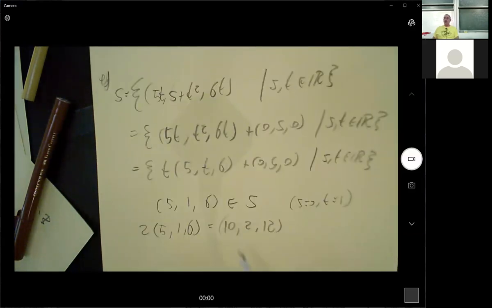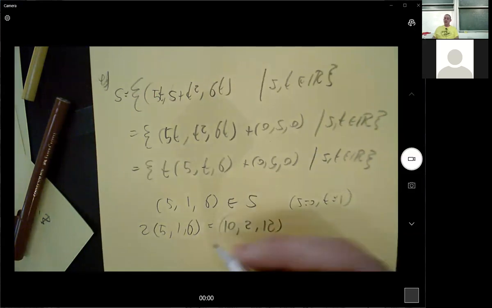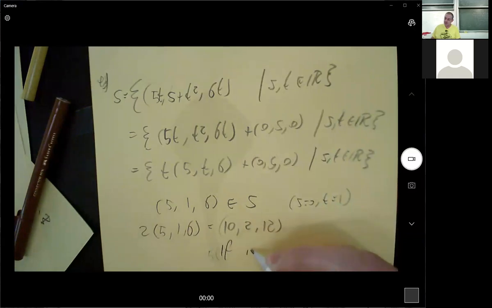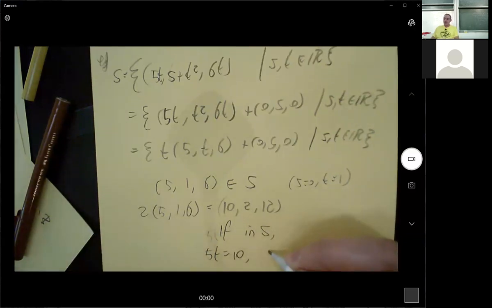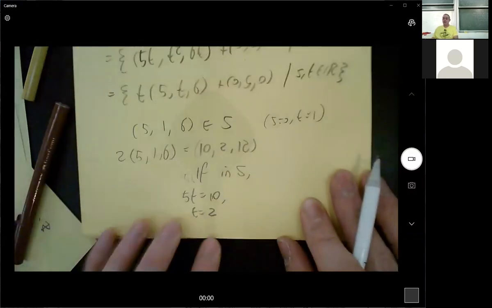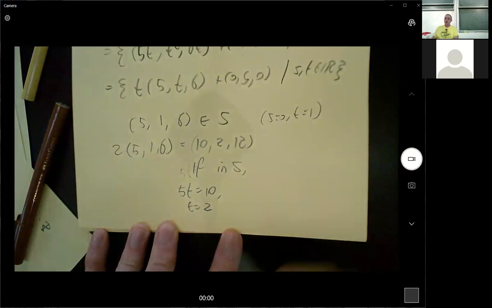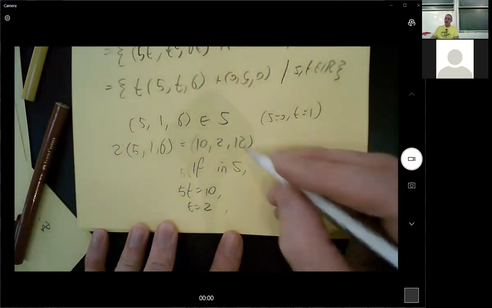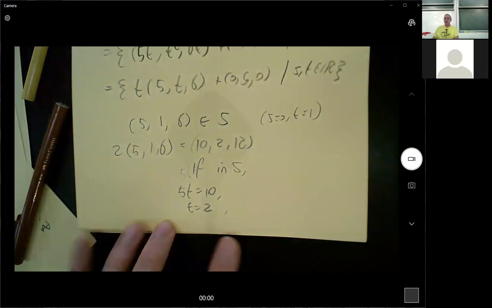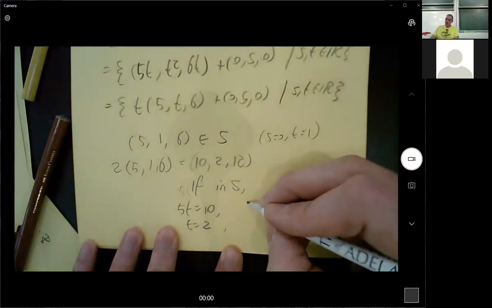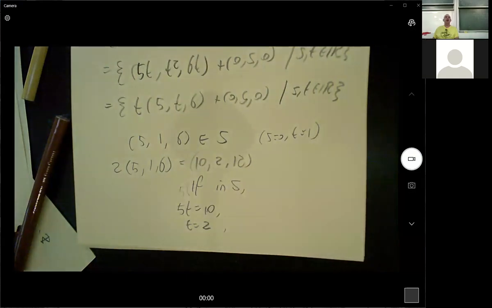And if I looked at this, the first coordinate would tell me that if this is in S, then 5t would have to be 10. And so the t would have to be 2. And 6t would have to be 12. That works for that one too. And that means that the t squared, oh crap, it is in there. Damn it.